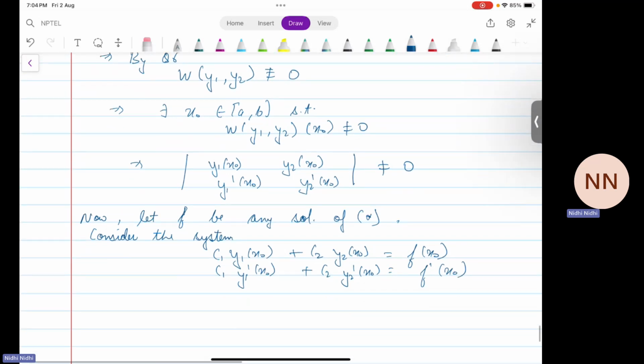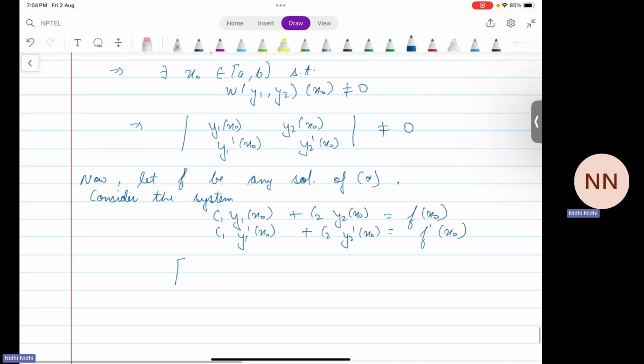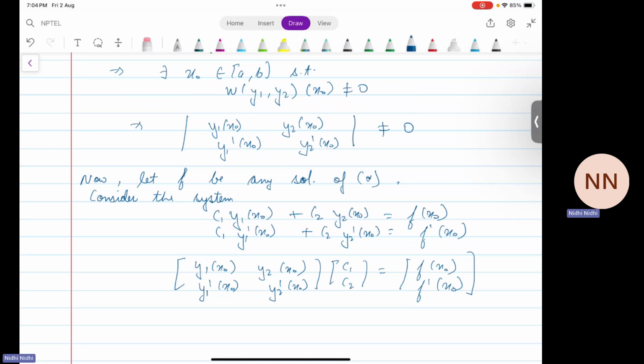If we write it in the form of matrices, we can write it as the matrix y1 x naught, y2 x naught, y1 dash x naught, y2 dash x naught, times c1, c2, is equal to f x naught, f dash x naught. Now we are in the framework of a non-homogeneous system of equations.